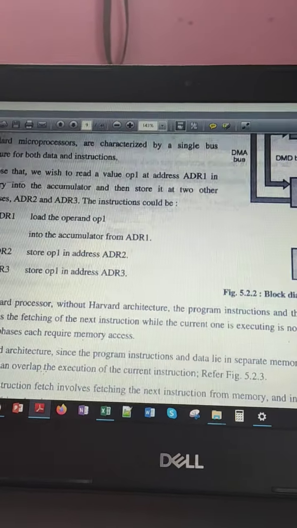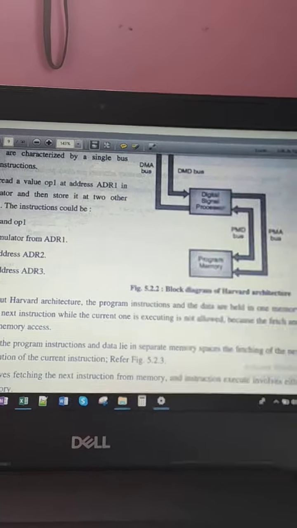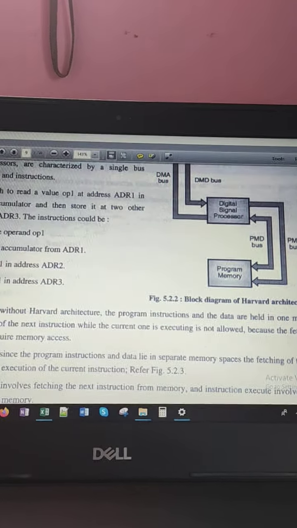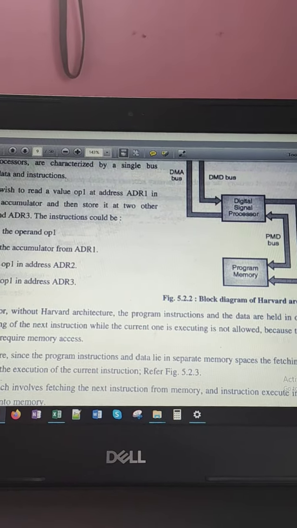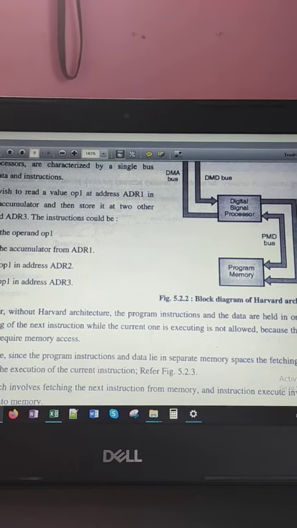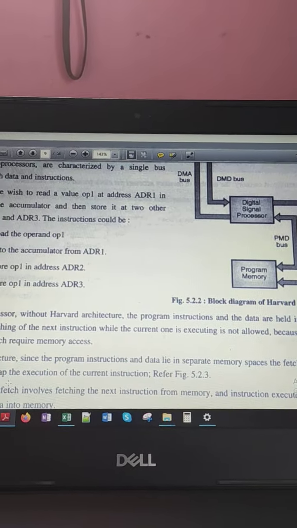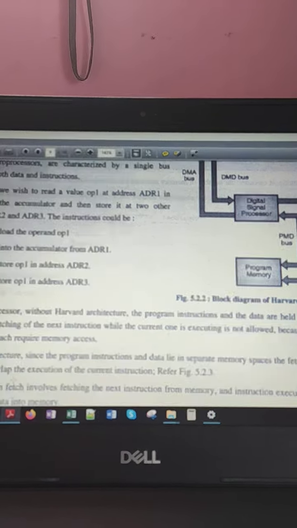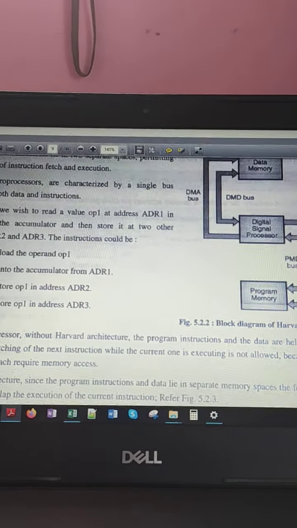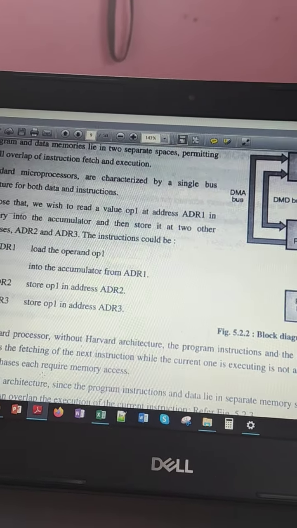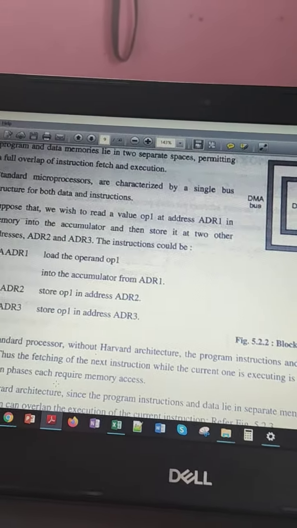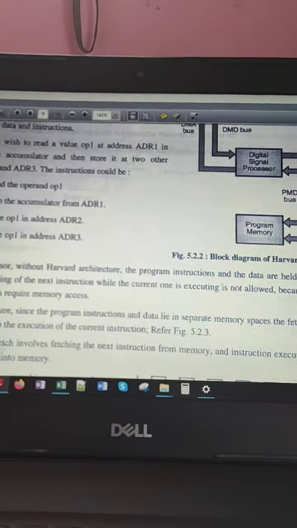In a standard processor without Harvard architecture, the program instruction and data are held in one memory space. Thus fetching the next instruction while the current one is executing is not allowed, because the fetch and execution phases each require memory access. So this is the data memory address, and data memory here is our data, here program memory, and here again program memory.